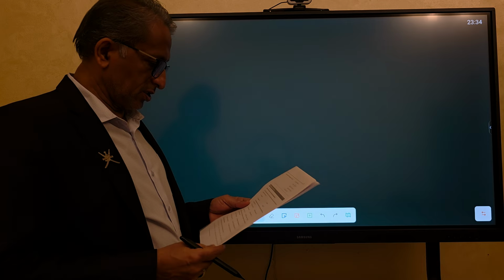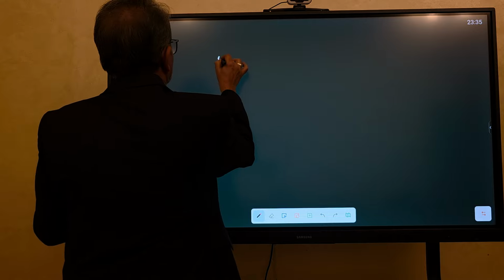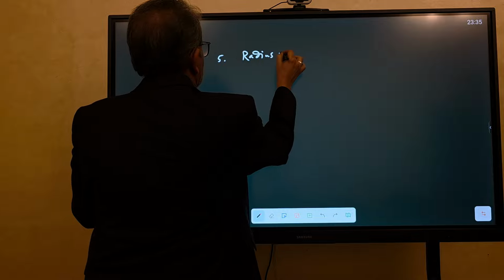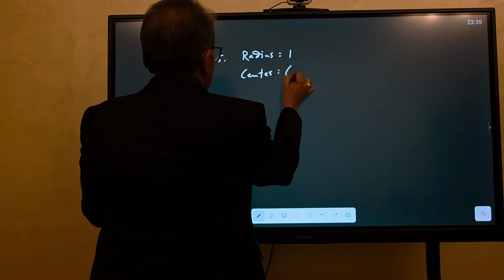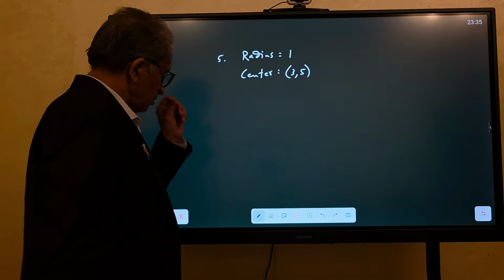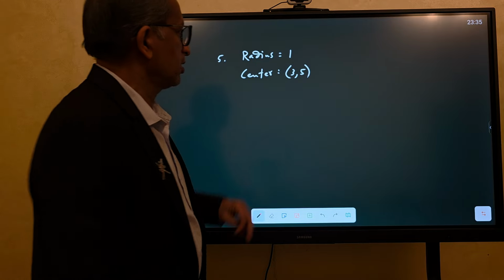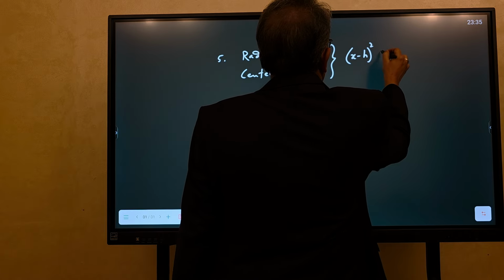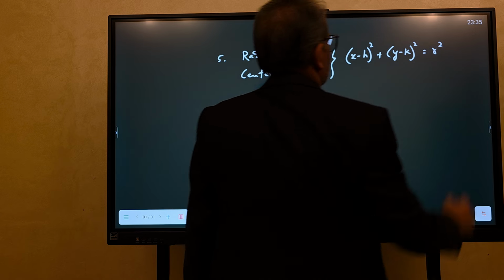Coming to the next set of questions, that is questions 5 to 10. Let me do question number 5. So here the radius is 1, center is 3, 5. So the center is not origin here. So for the questions 5 to 10, we will be using this formula: x minus h square plus y minus k square equal to r square.